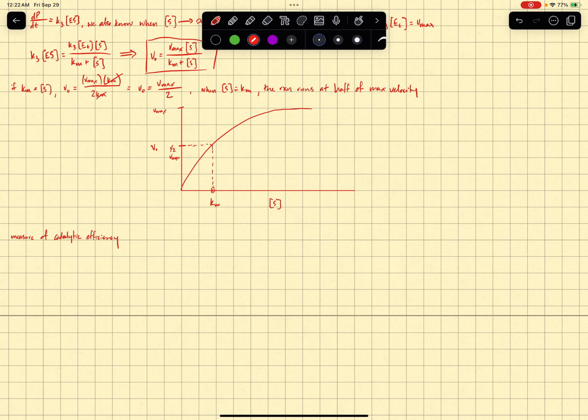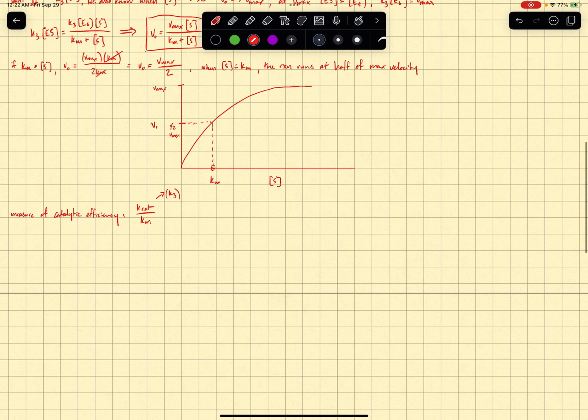Or, K3. K3 is also called Kcat. So the way of writing that in the formula that you should know is Kcat over Km. And Kcat is K3. And so that's always going to be your measure of catalytic efficiency.